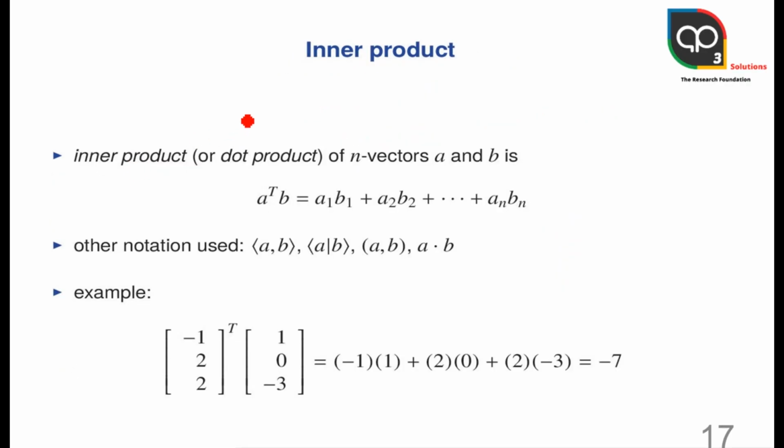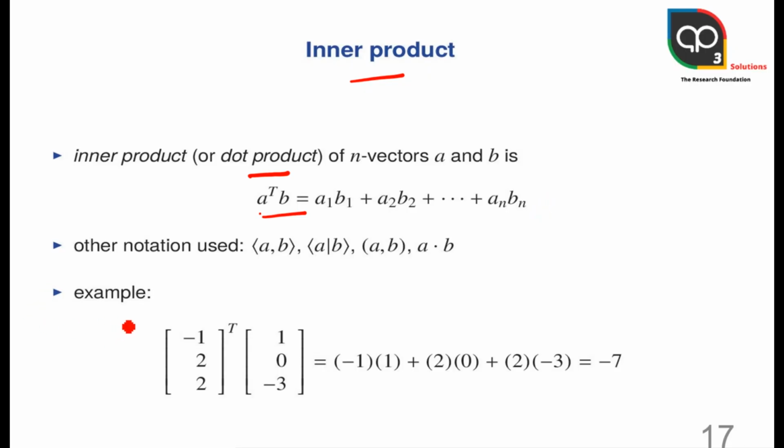And next, of course, important topic, inner product. Dear friends, which is also called the dot product of two n vectors, which is defined as A transpose B, which is equal to A1 B1 plus A2 B2 till AN BN. Here, the sum of products of corresponding entries.